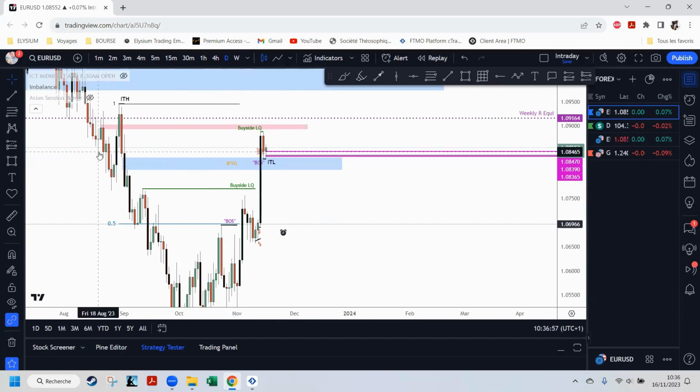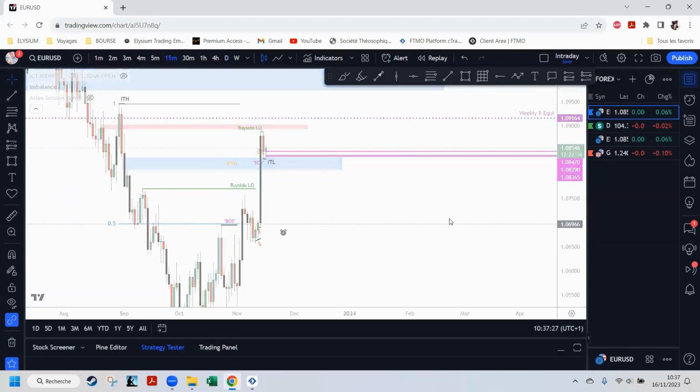Here it was not a displacement fair value gap. This was the displacement one, but this has been retested already, okay? It can still be a good area to trade from. It doesn't always have to be a displacement, okay? It's better, but not always. So now, let's go into my trade setup.